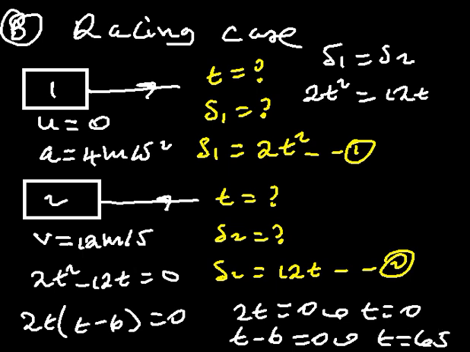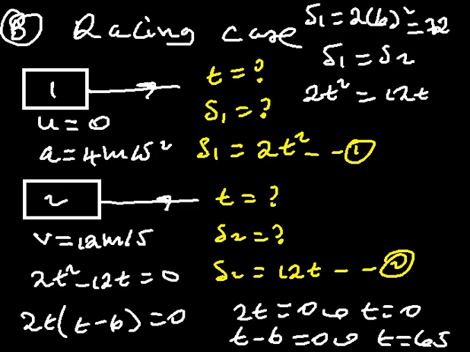So how about the distance both have to travel? As already expressed, both will have to travel the same distance, but what would that distance be? We may think of substituting t in equation 1 or equation 2 based on interest. Hence, the distance traveled by object 1 will be 2 times 6 to the power 2, that is 36 times 2, which is 72 meters.